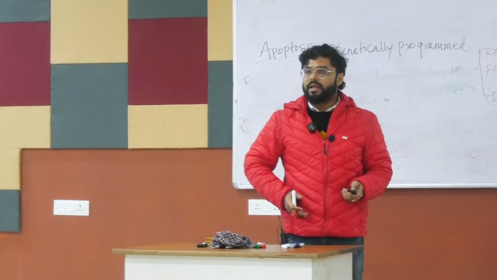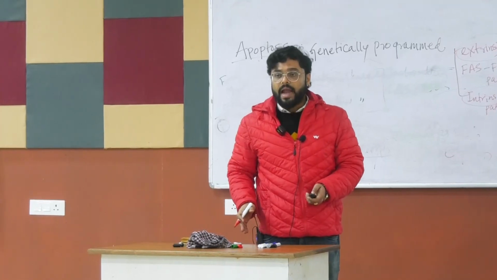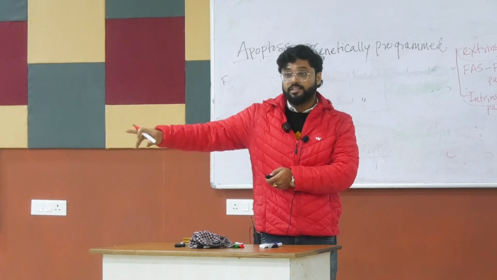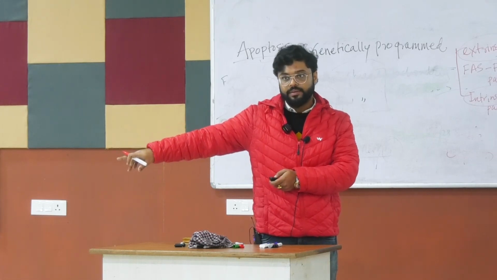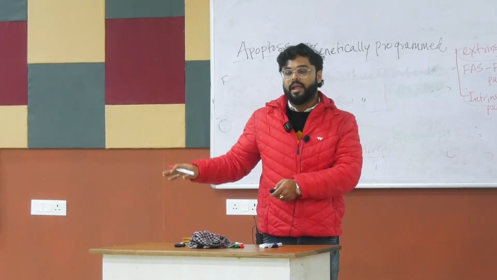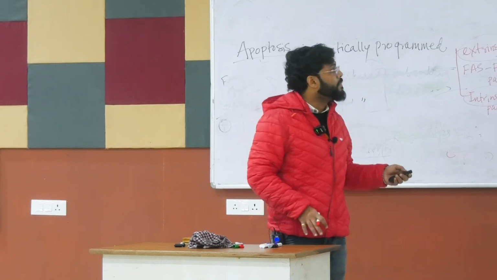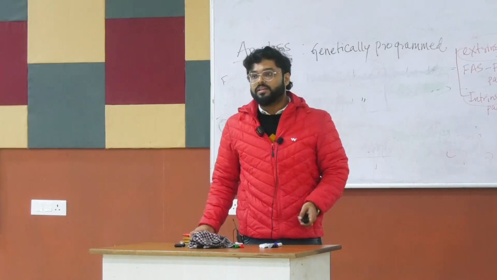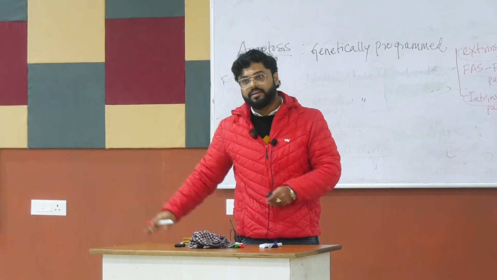Augmentation of apoptosis by which mechanism? Activation of pro-apoptotic genes. They are pushing the cell to die. And there will be a decrease in the level of activation of anti-apoptotic genes. So this balance of pro-apoptotic and anti-apoptotic shifts such that the cell should die.